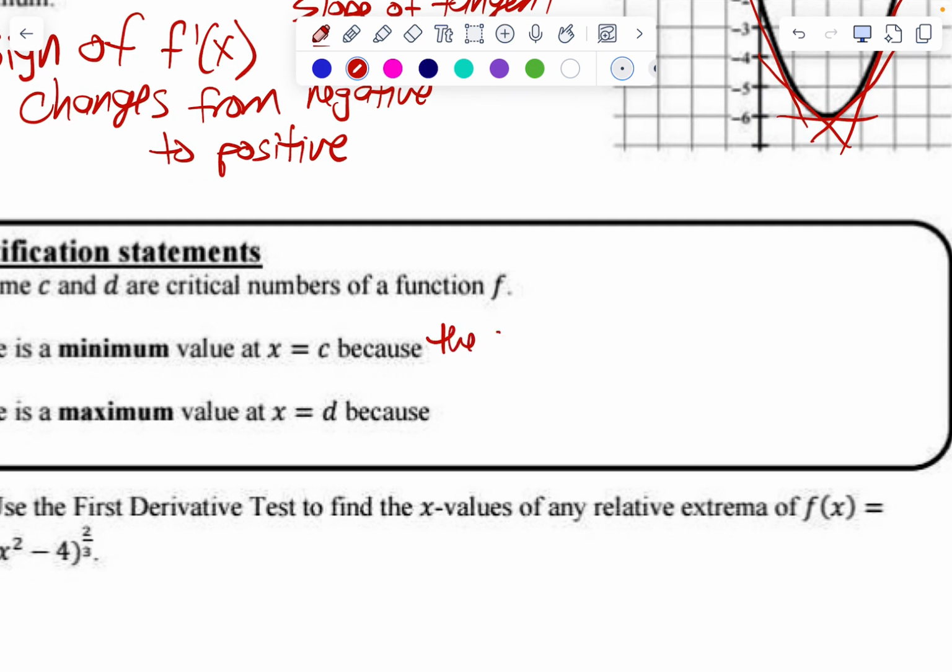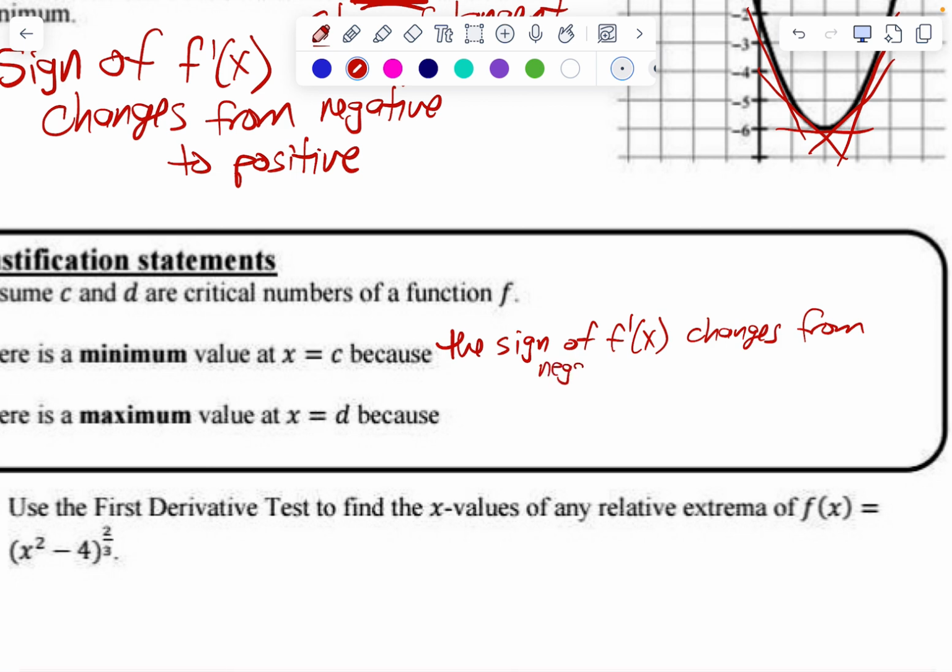Yep. The sign of f prime of x changes from negative to positive. Now we have to be specific on this. So far we've justified things by saying just that they have different sign.